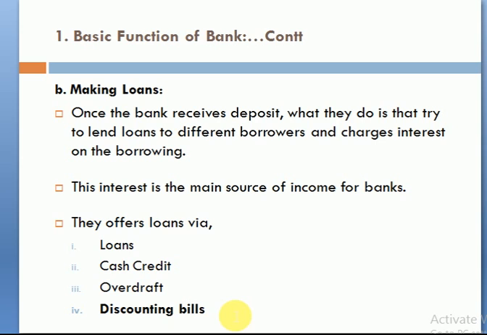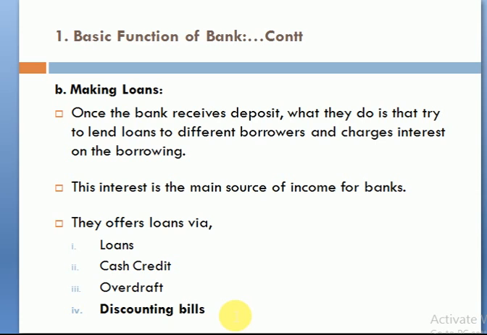So the difference, dear students, between cash credit and overdraft is that cash credit is given on a regular basis and for the long term, while the overdraft facility is for a short period of time and is given occasionally. Look at overdraft.